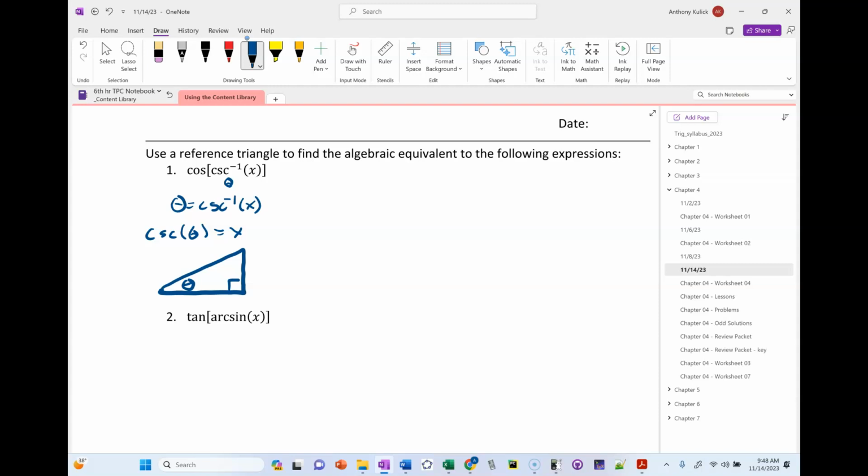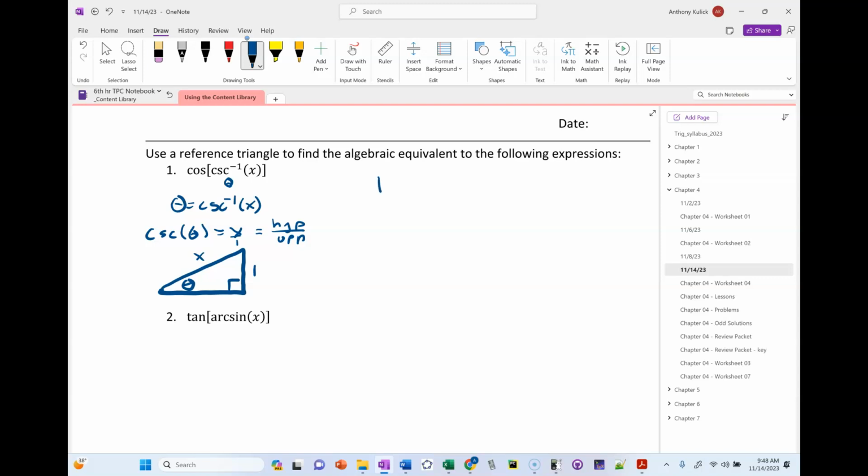Okay, cosecant is 1 over sine. So in a right triangle, sine is opposite over hypotenuse. So cosecant should be hypotenuse over opposite. So the hypotenuse should be x, and the side opposite should be 1. Feel okay there?